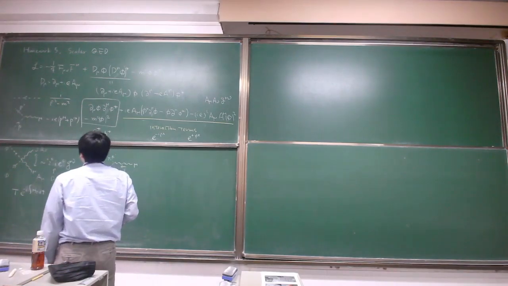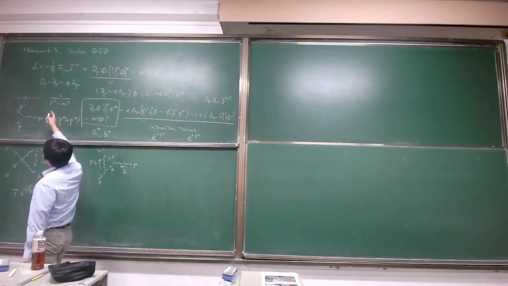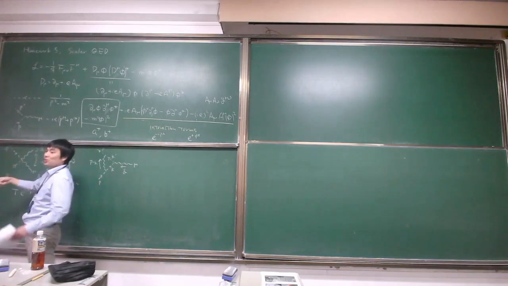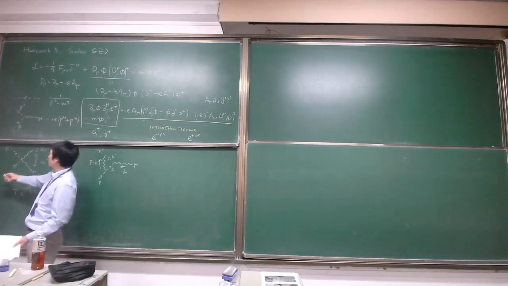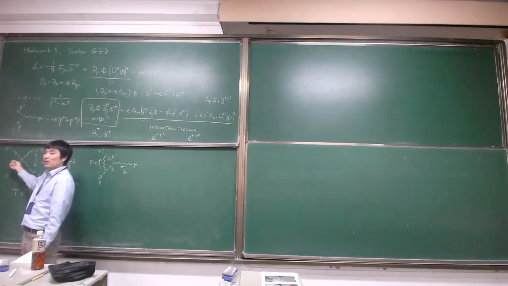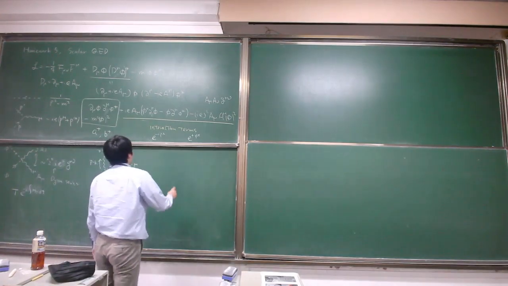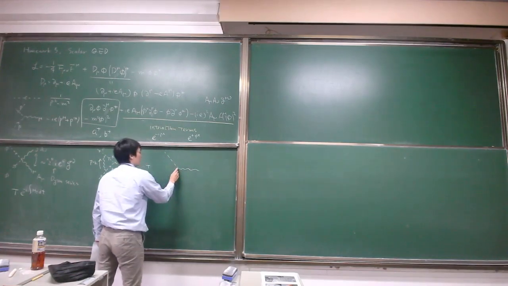On the other hand, scalar QED has an extra property. In usual QED, the electron is fermionic. But here it's a scalar particle, and that will give you another vertex. So at one loop, there's a contribution something like this one.